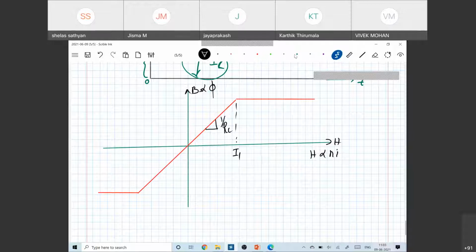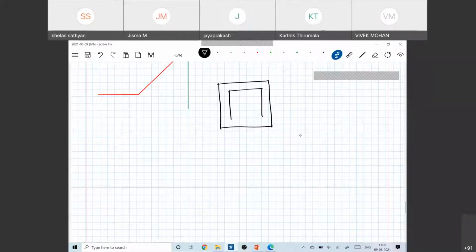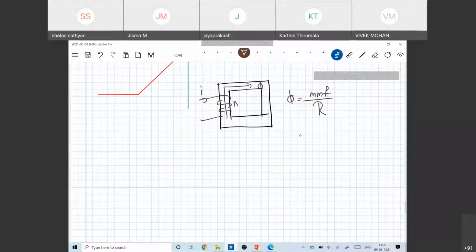So if you see a simple diagram, let us have a magnetic core, and we are putting some winding on this core. The current I is flowing, and this is the number of turns. So a flux will be set up in the core. The flux is given by MMF divided by the reluctance of your core.